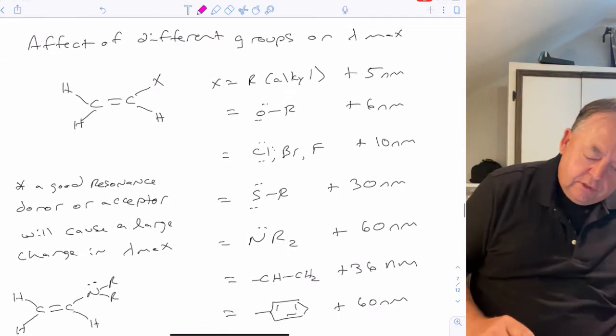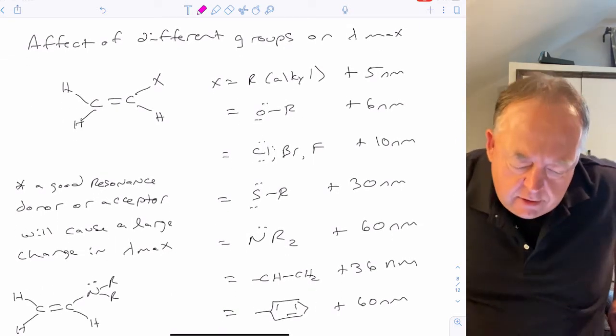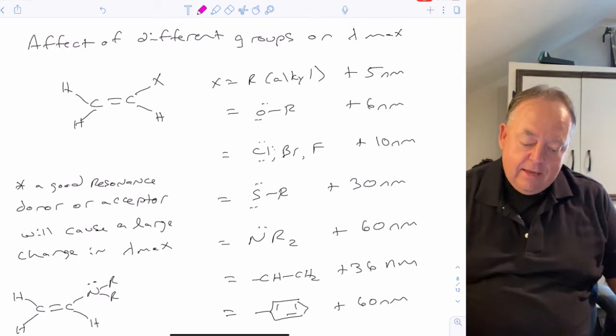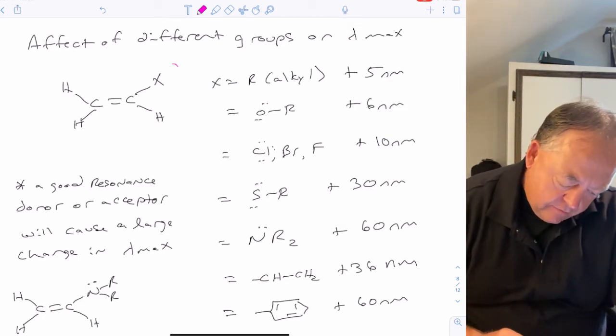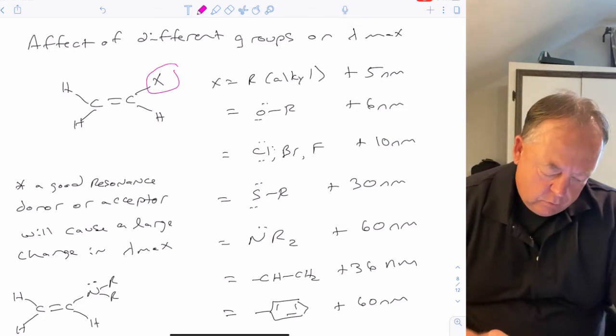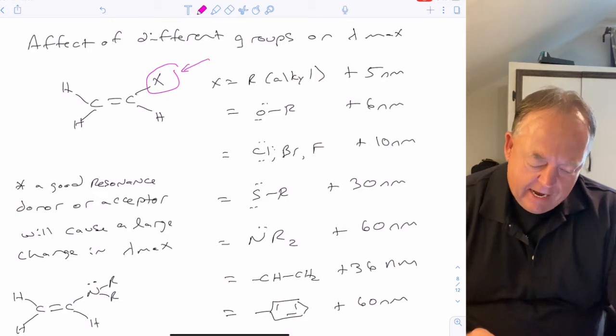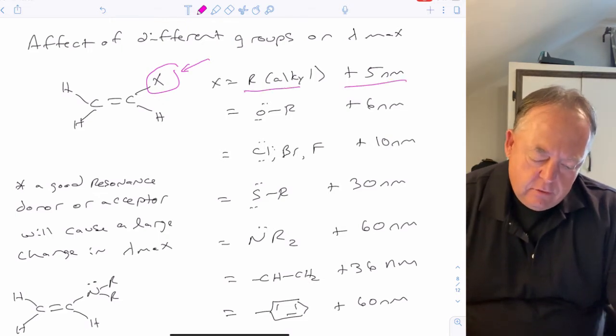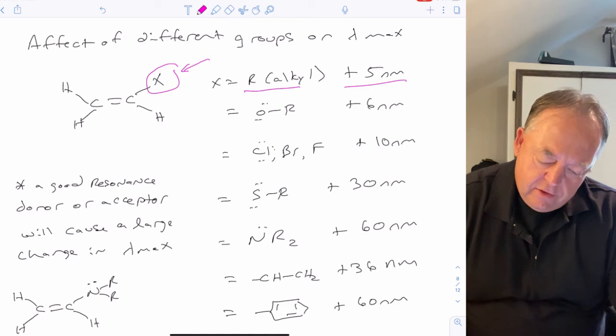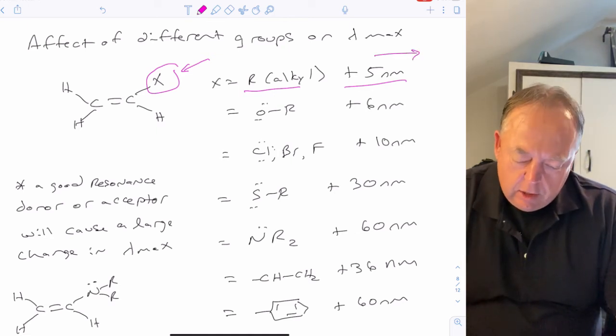So different groups affect where the sample absorbs. If we had a simple double bond and we start changing out what X is, if you add an alkyl group, then that'll shift the wavelength to longer wavelength by about 5 nanometers.